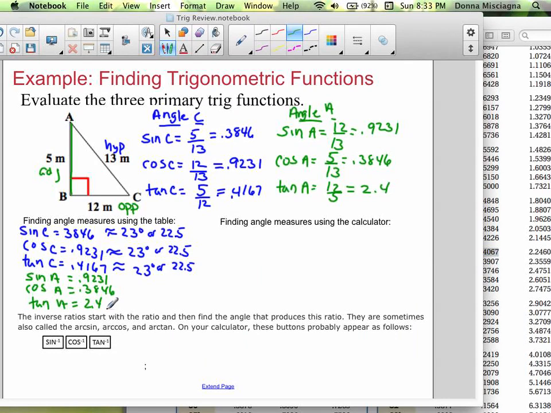And let's see if we get the same thing if we look at cosine. Since we were kind of halfway in between those two, I can also put 67.5.